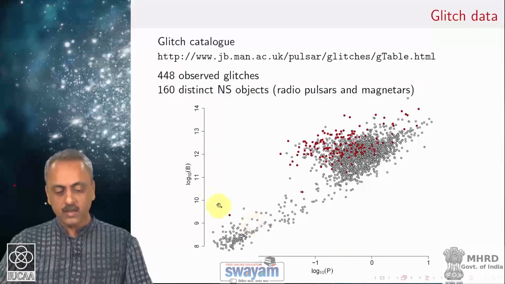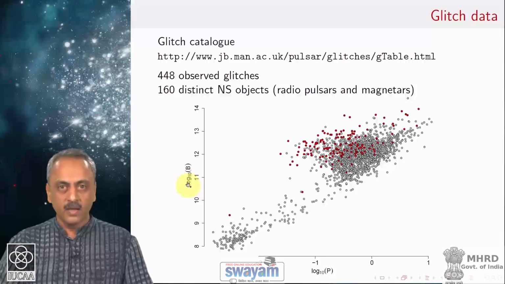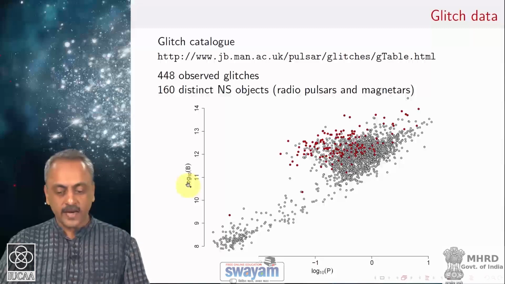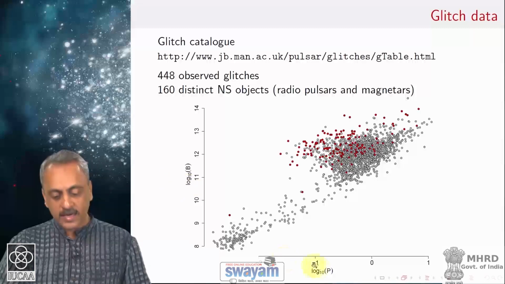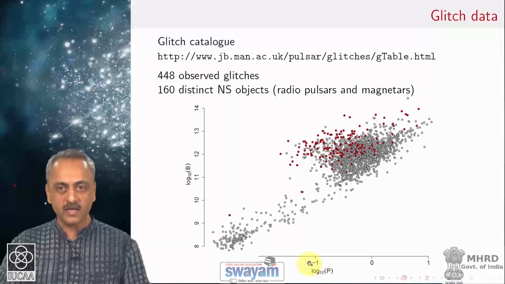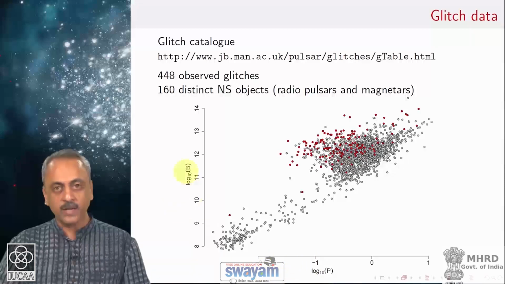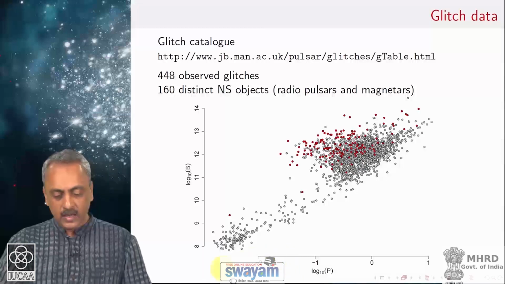These are two fundamental physical entities that characterize a pulsar. These are intrinsic quantities, these are not related to the environment in which the star exists and so on. So, these have some kind of significance from the fundamental physics point of view.